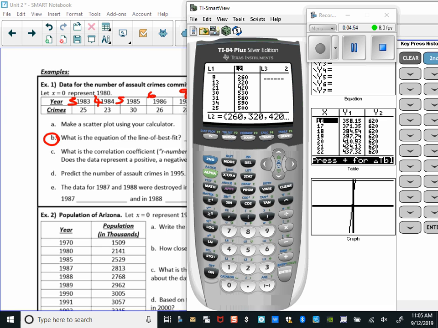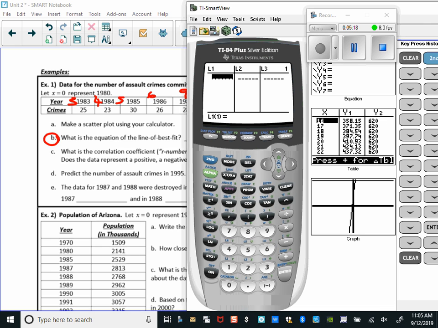To clear out your data, if you have anything, I hit the up arrow, hit the clear button, and then the down arrow to clear it. So up arrow, clear, down arrow, that clears your list. You want them all clear, list 1, list 2.